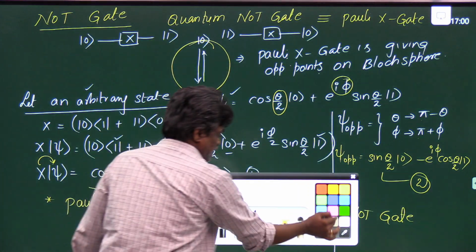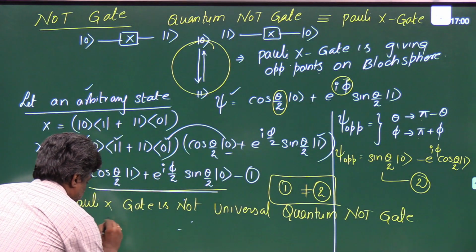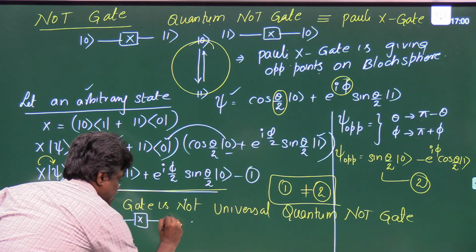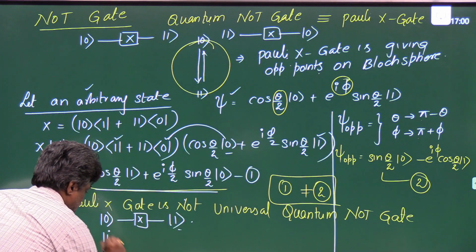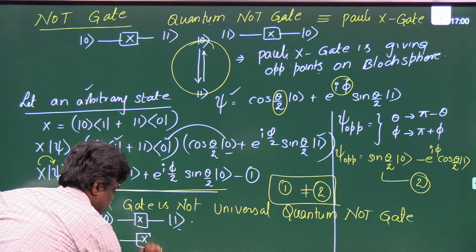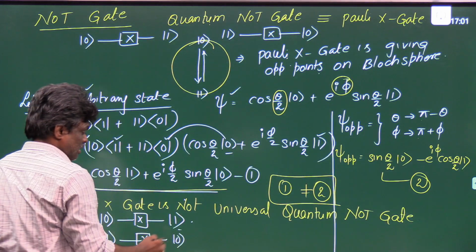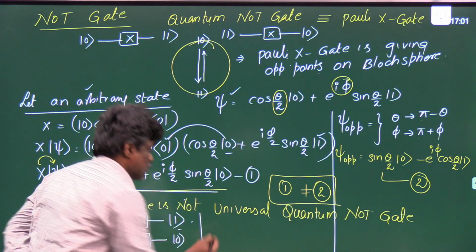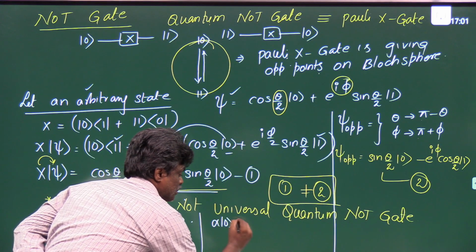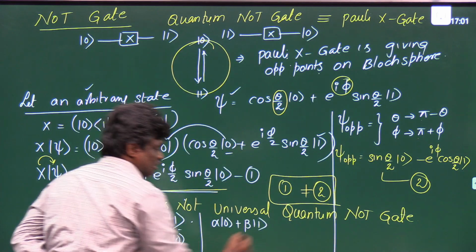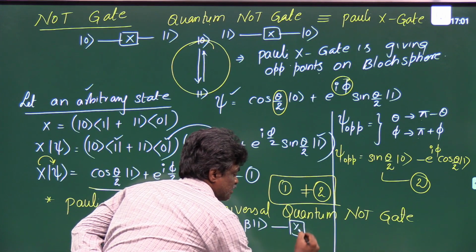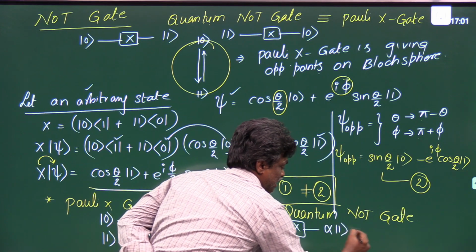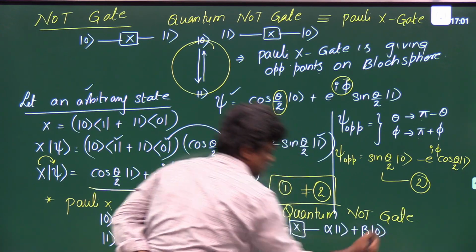Because what is the reason? Here you have taken 0, and with the X gate it is flipping to 1, and 1 with the X gate you are getting 0. So these two are opposite points. But if you take some arbitrary state alpha 0 plus beta 1 and you operate this X, unfortunately what you are getting here is alpha 1 plus beta 0.